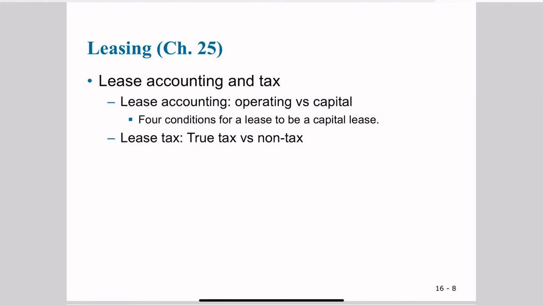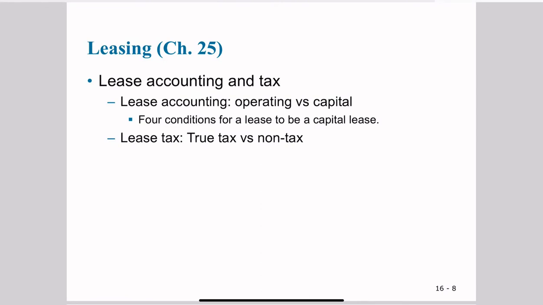You will basically record this leased asset as acquisition, and because it's acquisition, this will have some changes on your balance sheet. So you will record this as your asset, and then you will record the present value of future lease payments as your liability.